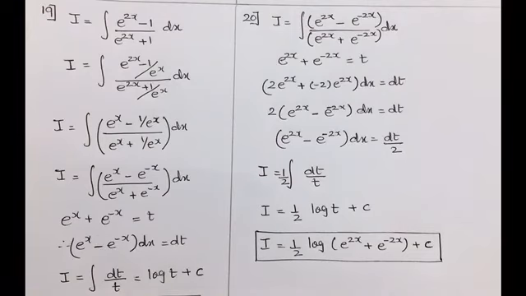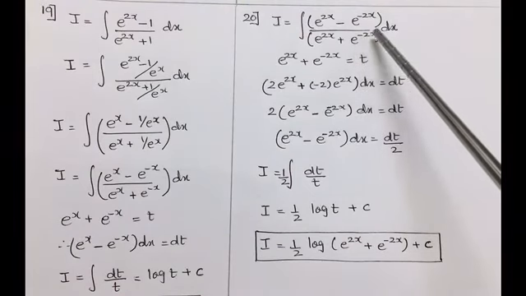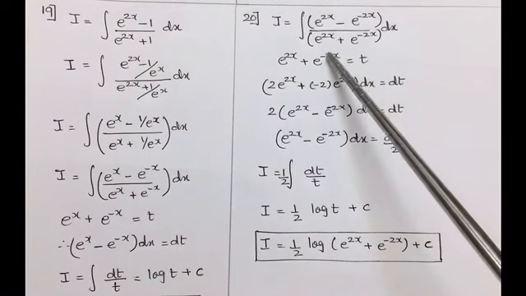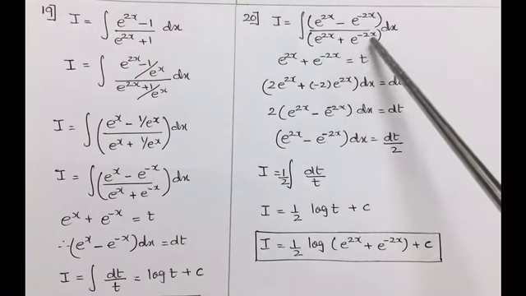Now the 20th one is given in terms of e raised to 2x minus e raised to minus 2x, whole divided by e raised to 2x plus e raised to minus 2x.